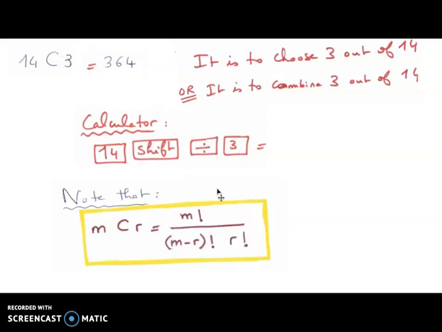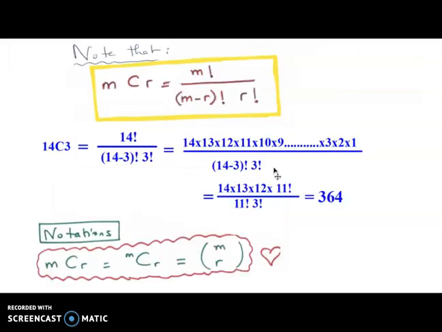What is the combination? The combination of R out of M is to have M factorial divided by M minus R factorial times R factorial. This is the formula. Sometimes we have to use the formula, sometimes we just use the calculator and get the answer. So to use the formula of combining 3 out of 14, we take 14 factorial over 14 minus 3 factorial times 3 factorial.